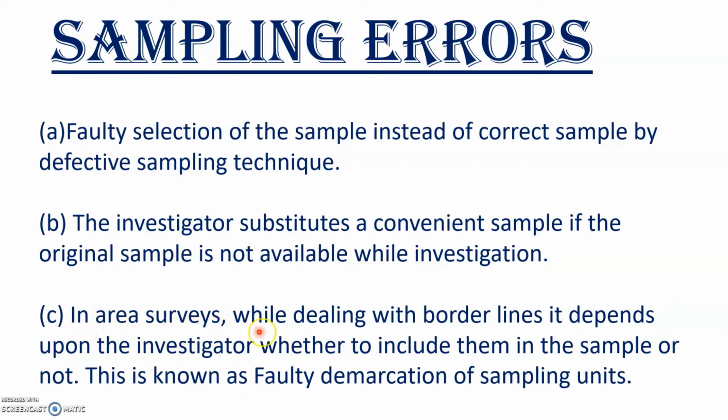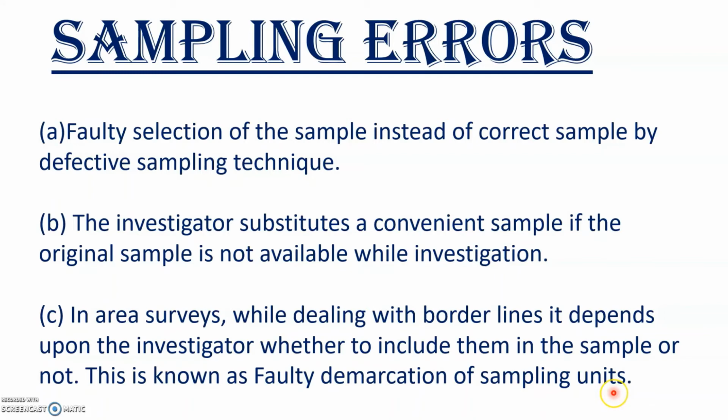In area surveys, while dealing with borderlines, it depends upon the investigator whether to include them in the sample or not. This is known as faulty demarcation of sampling units. To explain this, suppose you're doing a survey on an area, which is a town or a territory or a zone. The samples which lie on the borderline between two zones are sometimes ignored, because you feel that they're at the very extreme end of that territory, almost close to the next territory.